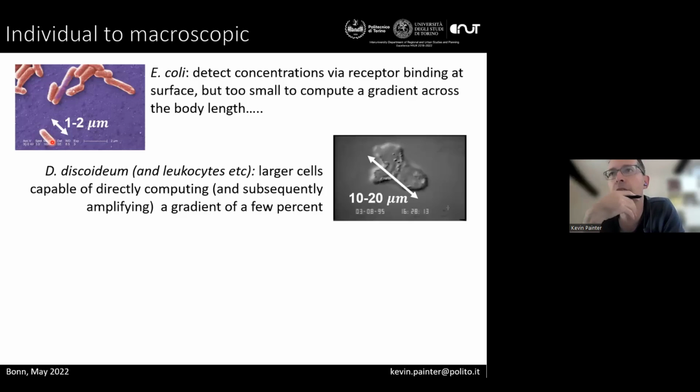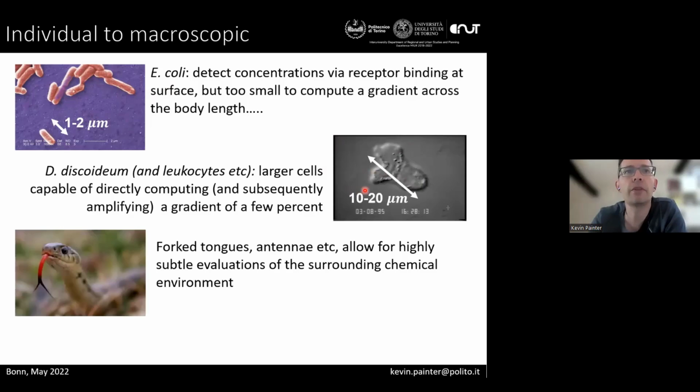Dictyostelium cells and other larger cells are, of course, that much larger, as I said, about 10 to 20 microns. At that scale, you actually have the capacity to work out a spatial gradient that you compute across your body length. So there's a difference between the way cells such as E. coli and cells such as Dictyostelium respond to the environment, and that also moves up to the larger scale of organisms.